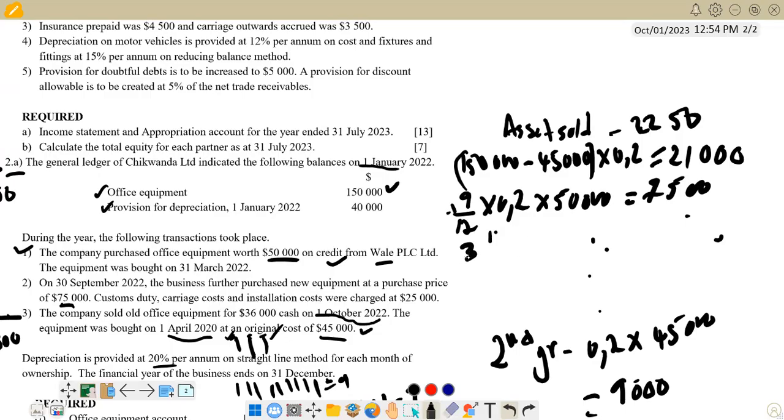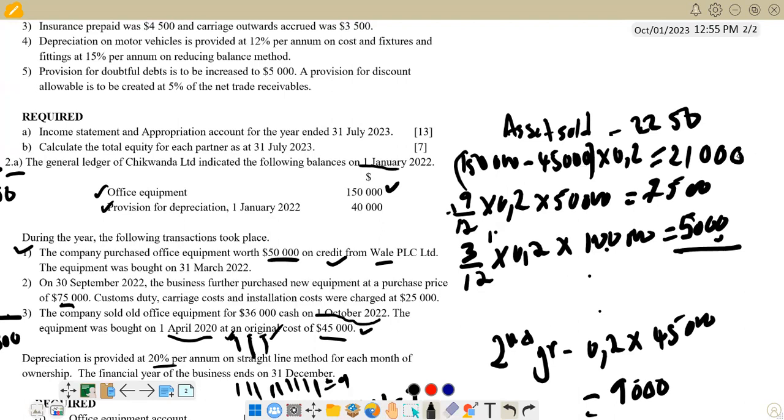So it's 3 over 12 times 0.2 times the cost of 100,000. We get 5,000.